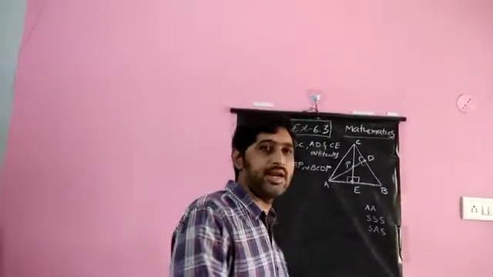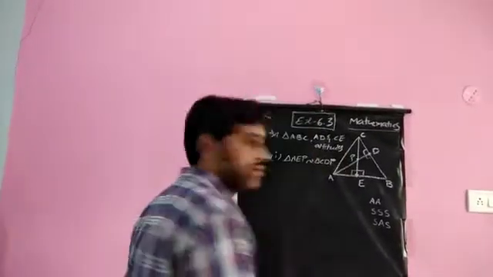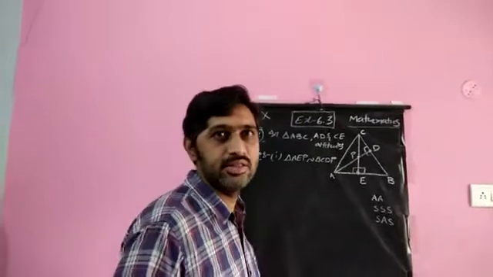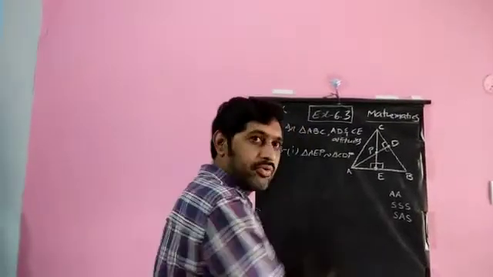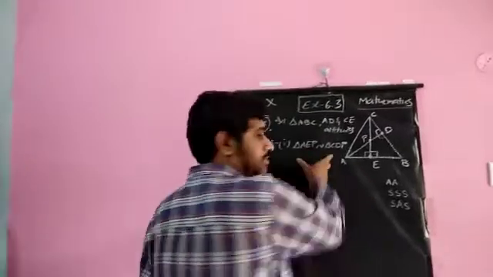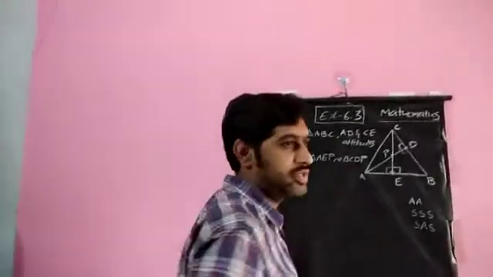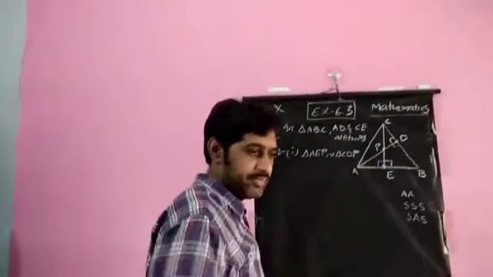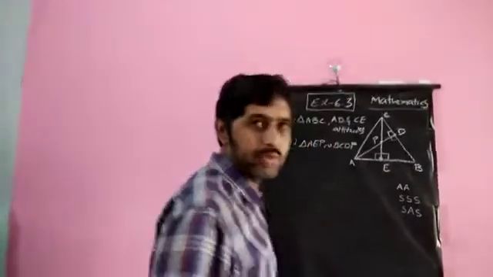So I will explain one in detail, and the remaining 3 you can do, because everything is the same, there is no difference from one part to the other. The similarity criteria is the same, and what we are observing is also the same.